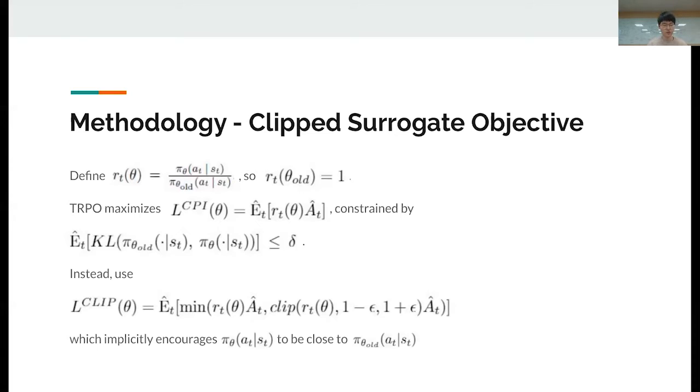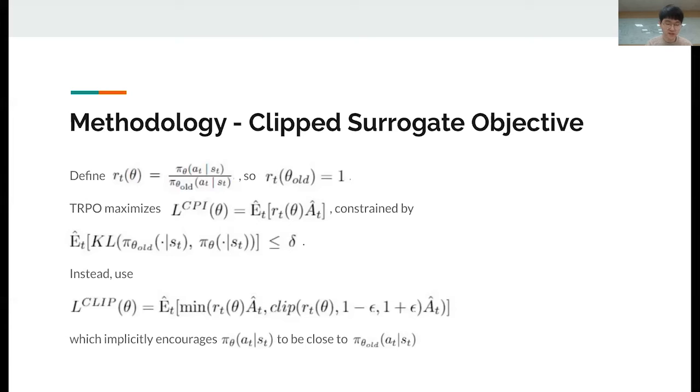Finally, we can talk about the paper's main topic, proximal policy optimization algorithms. The paper suggests two proximal policy optimization algorithms, clipped surrogate objective and adaptive KL penalty coefficient.